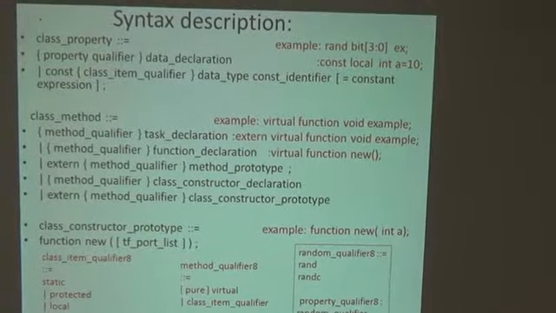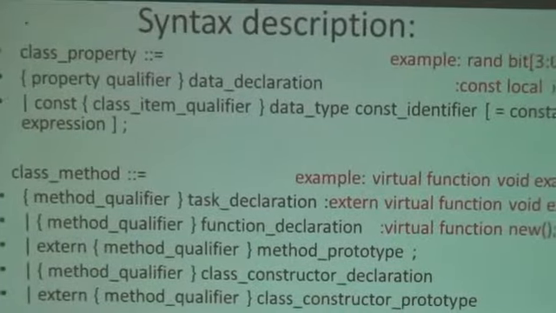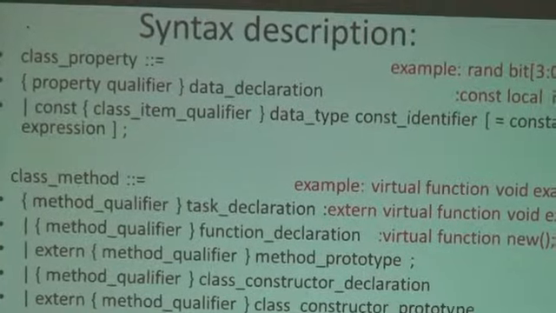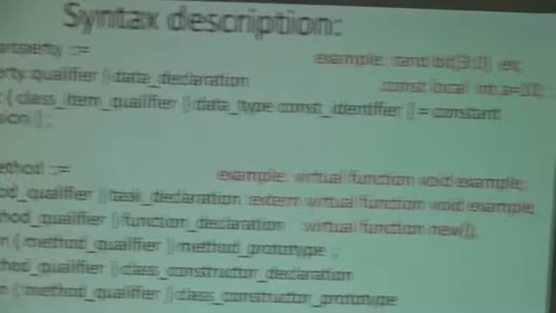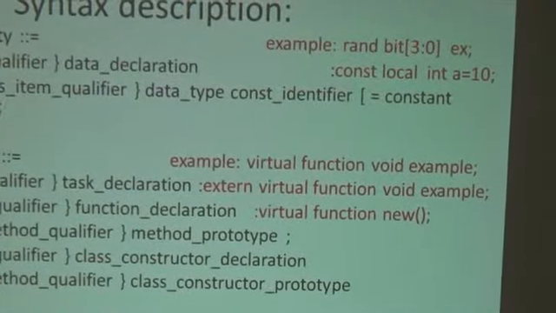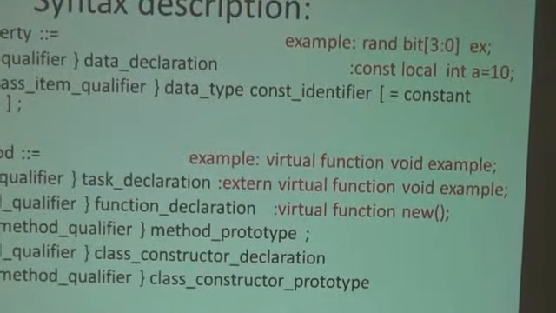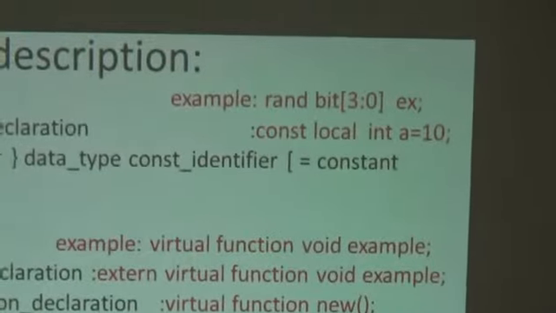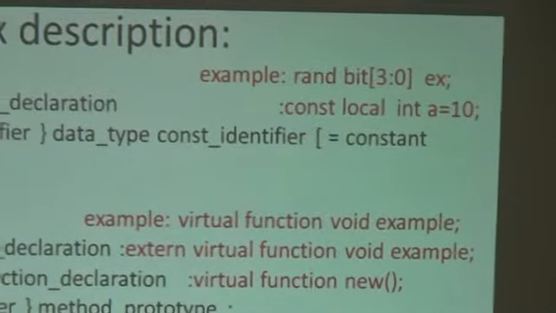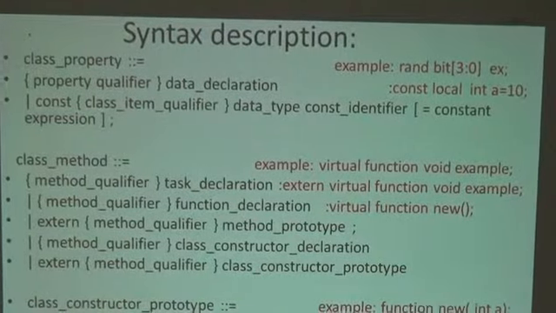Now we are going to learn about class properties and their syntax. Let's take examples of class properties: rand bit [3:0] ex, where I have taken rand as the qualifier and ex as the identifier, and another example, const local int a = 10. These are examples of class properties.